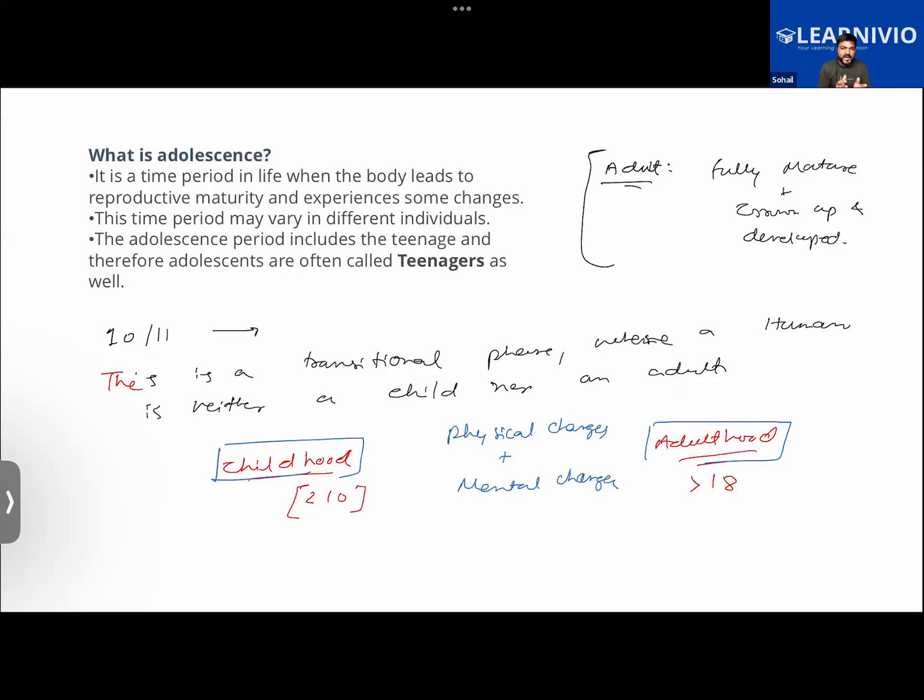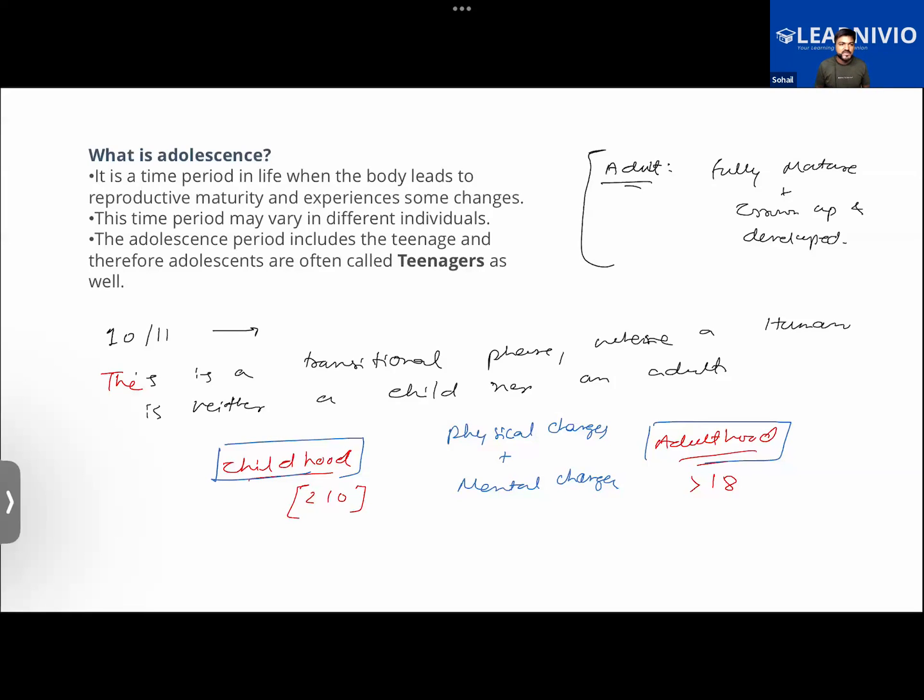When we talk about puberty, we especially talk about reproductive maturity. But when we talk about adolescence, we talk about all the things altogether. Try to understand the difference here.